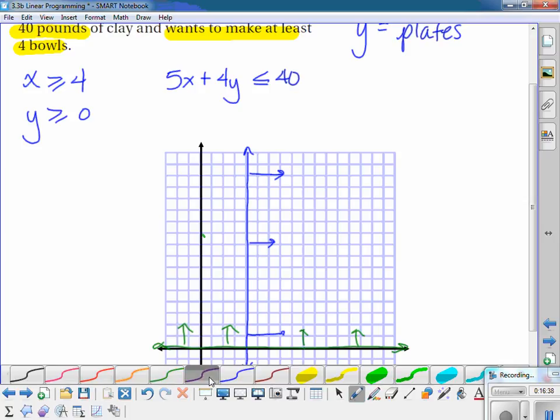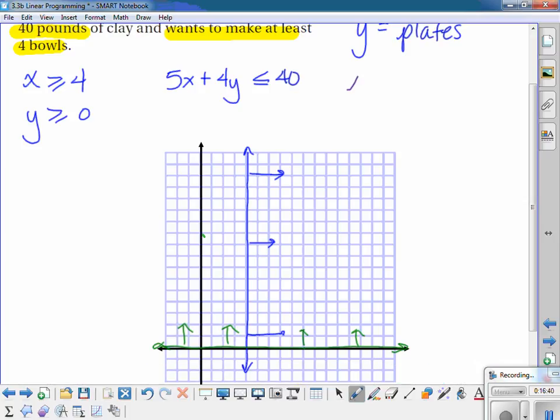Since everything divides nice and easy, I'm going to use my intercepts for that one. So if y is 0, what's x going to be? I get 5x equals 40, right? So what's x? 8. And if x is 0, y is 10. So I go to 8 on my x-axis, and I go to 10 on my y-axis. Okay.